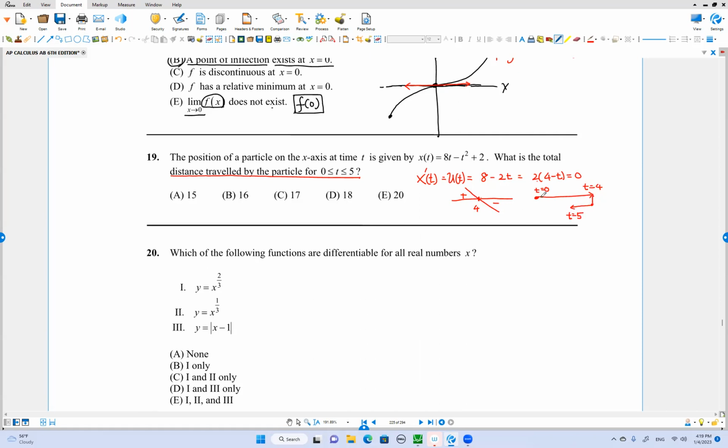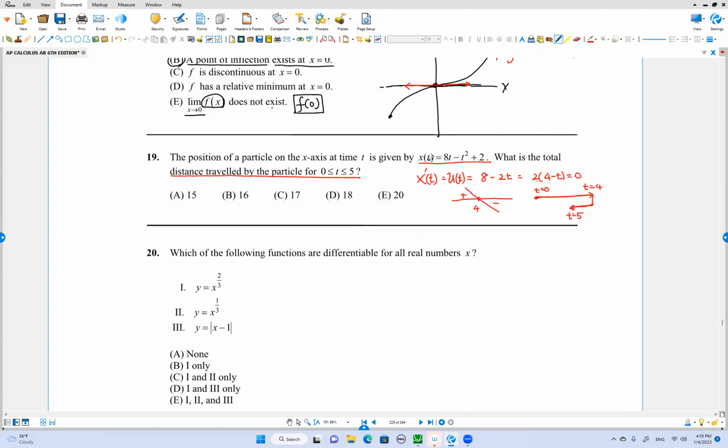For the travel distance, we're going to add all these lengths, okay? So we're going to separate. To the right is from 0 to 4, that is positive. So how can you find this one? We already have the position function there.